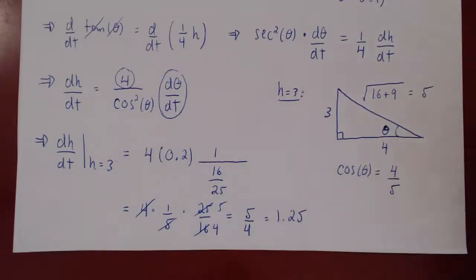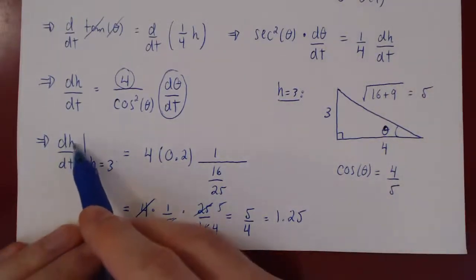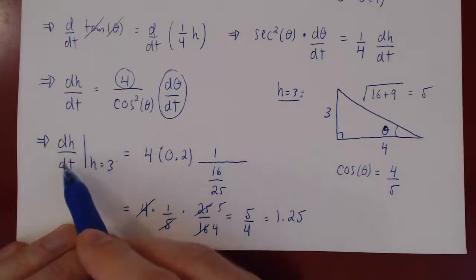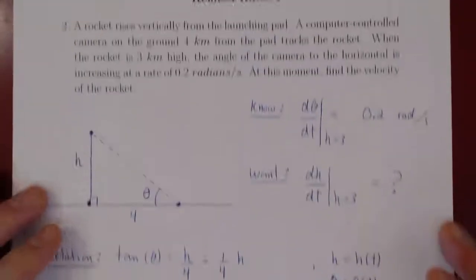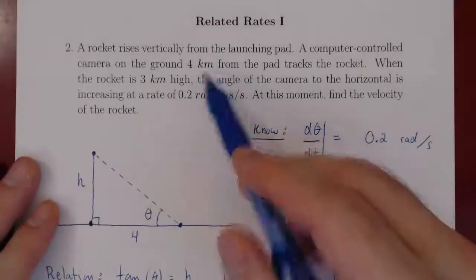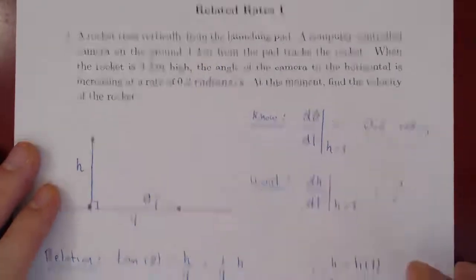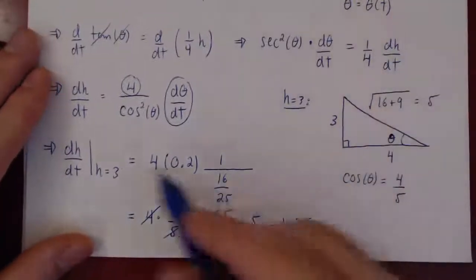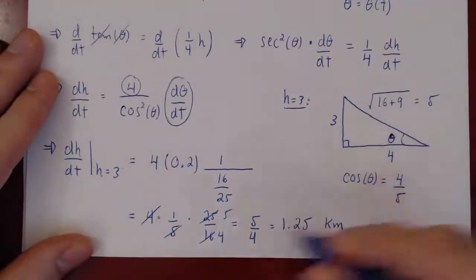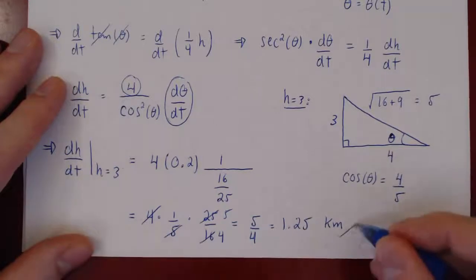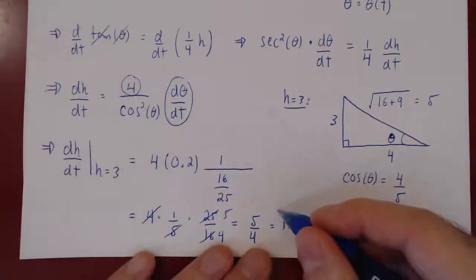Let's give units. This was the rate of change of the height with respect to time. Well, if you recall, the units here of length were in kilometers, time was in seconds. So this is height, kilometers, over time, seconds.